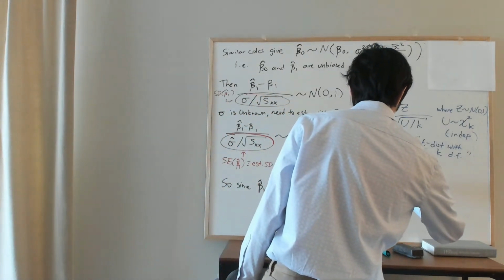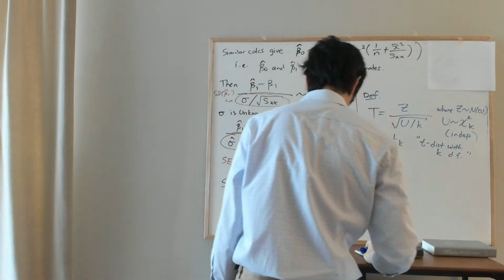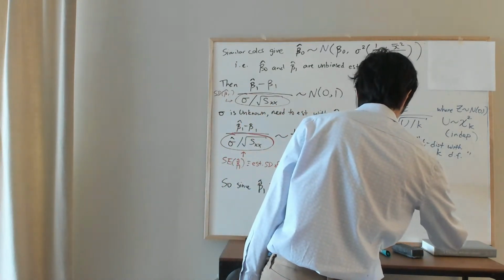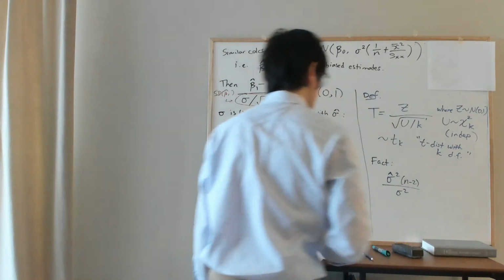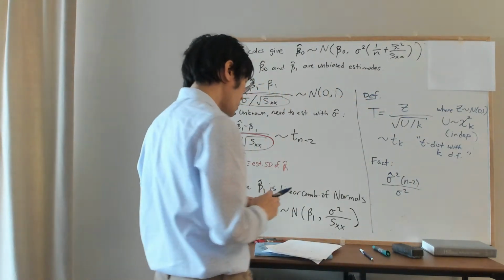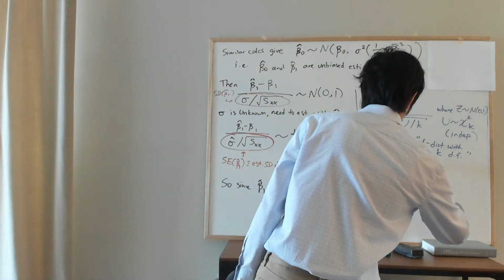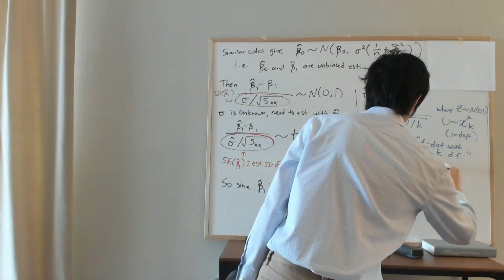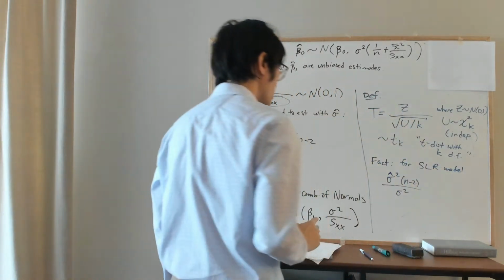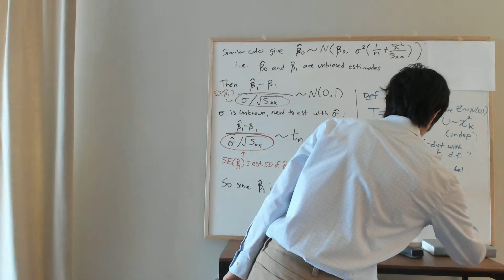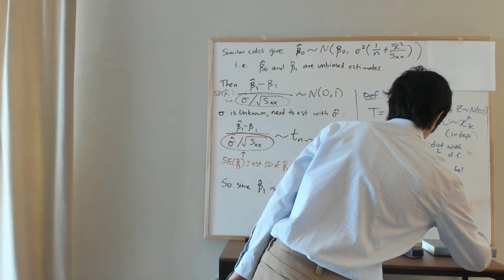So this is the definition of the t, and then we also have another fact. The sigma squared estimate that we defined earlier, if I multiply that by its degrees of freedom, which in this model is n minus 2, and then divide by sigma squared, for this simple linear regression model, this quantity, which is also simply the sum of squares residual divided by sigma squared. Remember, the estimate for sigma squared is sum of squares residual divided by n minus 2. So this numerator is really just the sum of squares residual, divided by sigma squared.